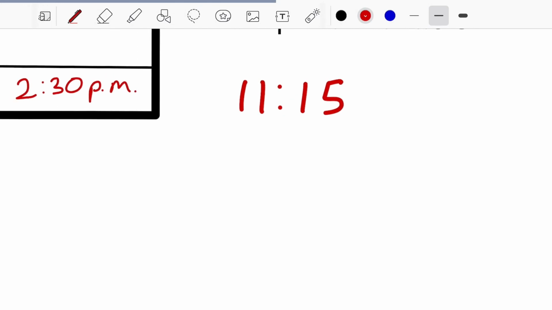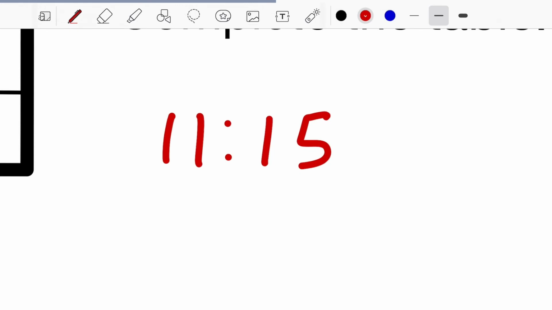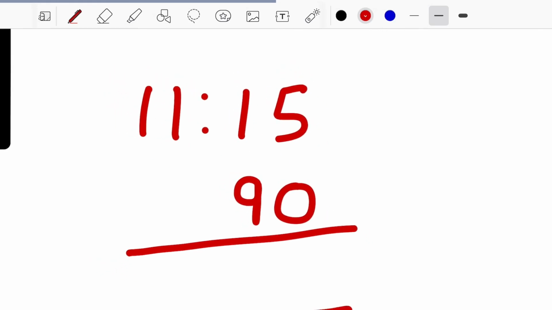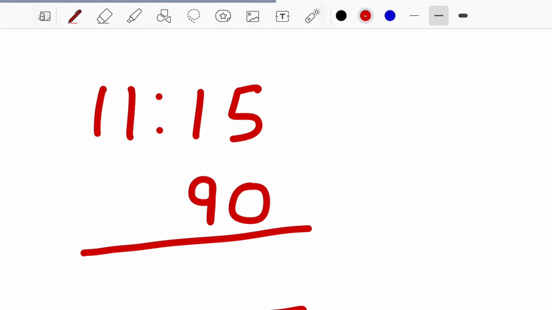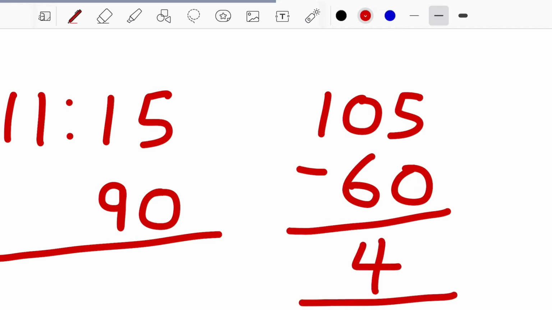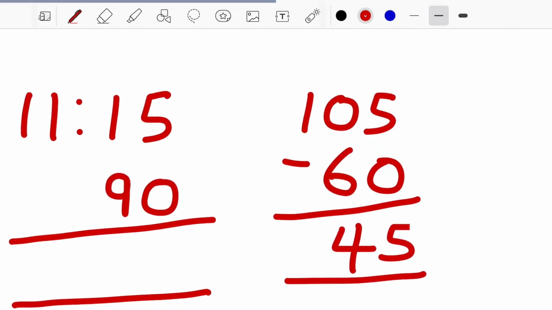Right, so how do we write 90 minutes, or how do we add 90 minutes? Well, actually we can simply do it like this. Or we can convert it to hours and minutes first and then add it. So 90 plus 15 will be 105. So we will now convert 105 minutes to hours and minutes. So we subtract 60, so that gives us 1 hour. So that will be 45 minutes remaining. So that's 1 hour and 45 minutes.